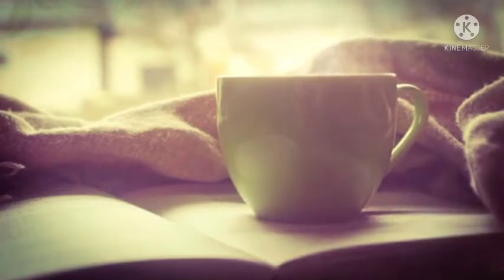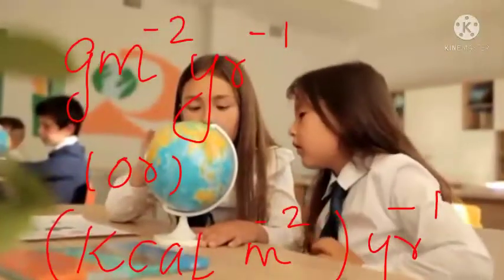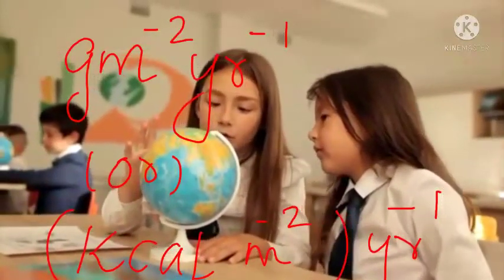It is expressed in terms of weight or energy. The rate of biomass production is called productivity and it is expressed in terms of what you can see on the screen. So just pause and read that. Okay, yes, we'll continue.